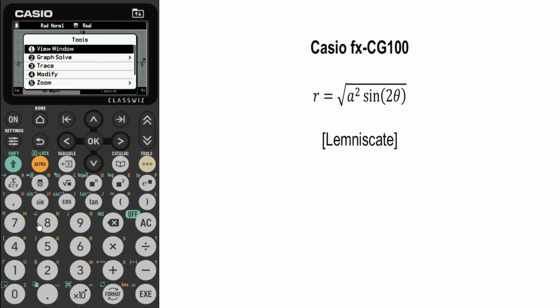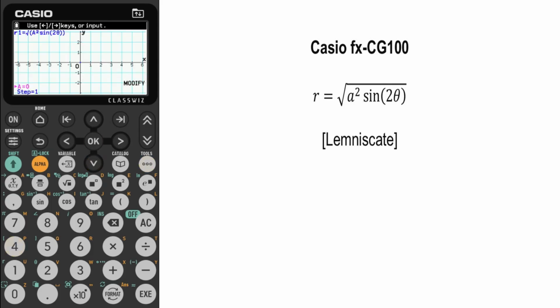Let's press the tools key, the fourth option for modify, and let's vary a, as we see here. What you see is we have a radius of a. In general, r equals the square root of a squared sine 2 theta has a loop with its radius being a.